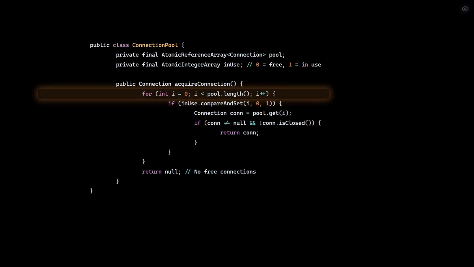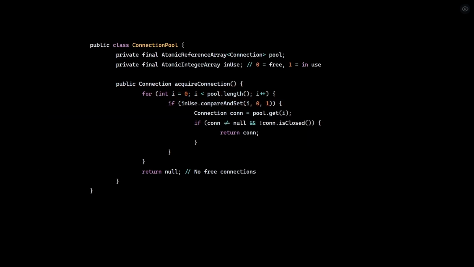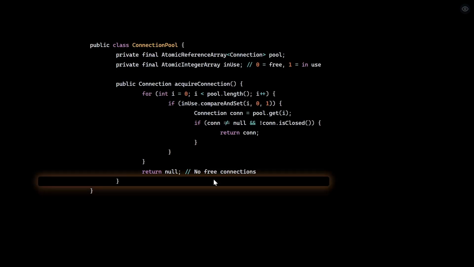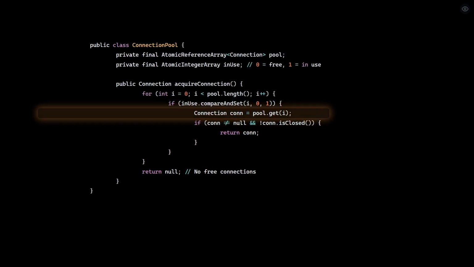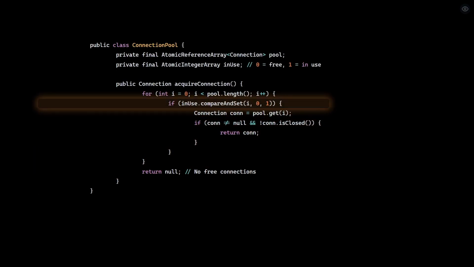No blocking, no single point of contention. The common pattern across all array atomic classes is the retry loop. You get the current value at the index, compute the new value, and then call compare and set in a loop until it succeeds. It is simple, it is fast, and it scales really well.